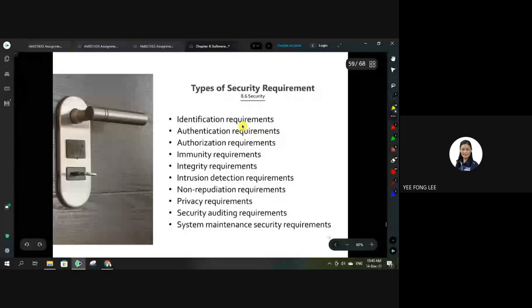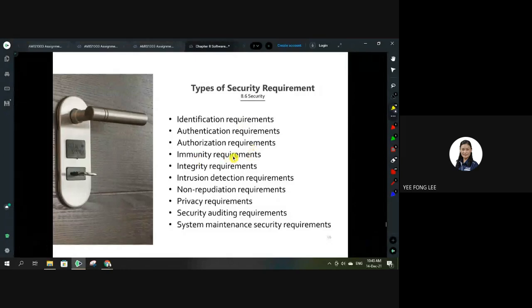Authorization requirement will specify the privilege or the access permission for identified users. Immunity requirement will specify how the system should protect itself from, let's say, malware or any similar threat. Privacy requirement specifies how data privacy can be maintained.